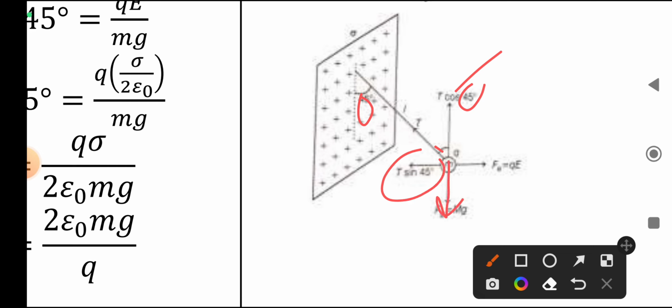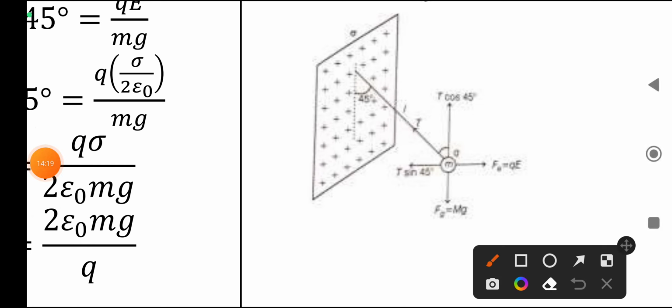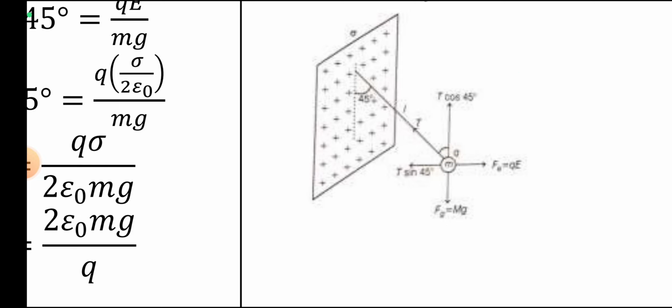The weight acts downward, and its weight is mg. When this component is equal to this and that component is equal to that, only then the bob is in balancing condition.